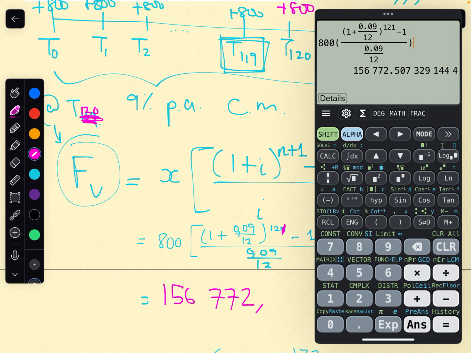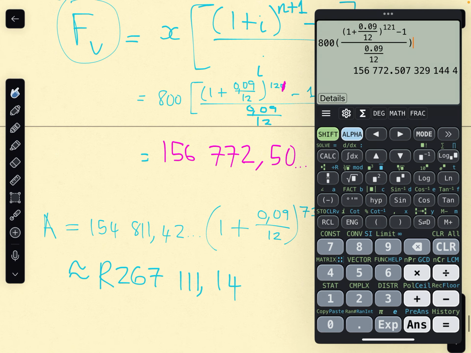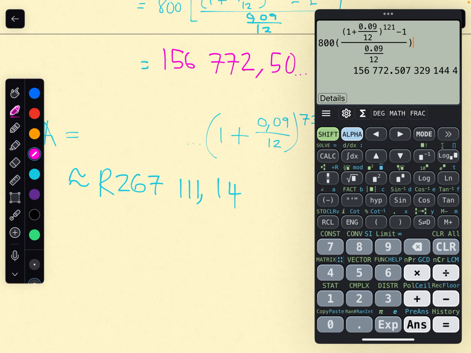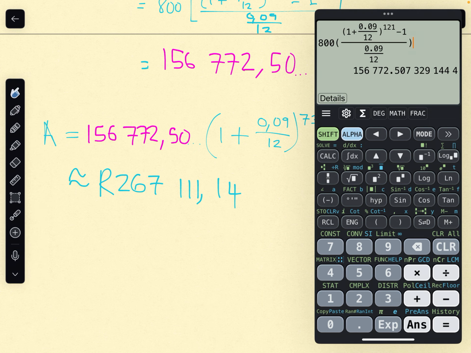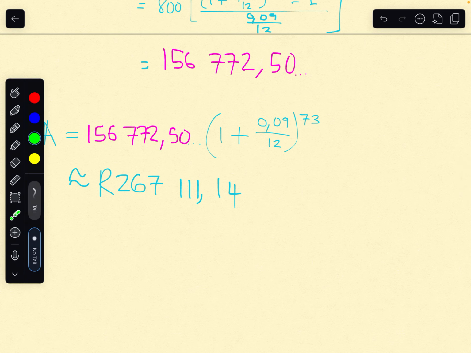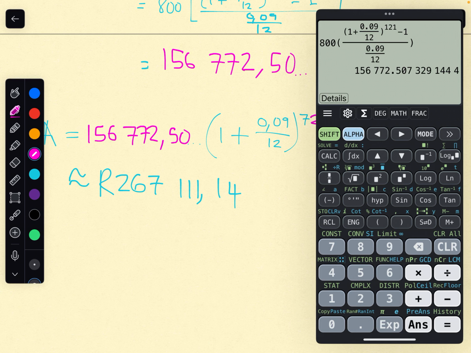Okay, point 50 and so on, and then we put that guy in here to see how he grew for the rest of the time, and it would now be for 72 months, not 73.